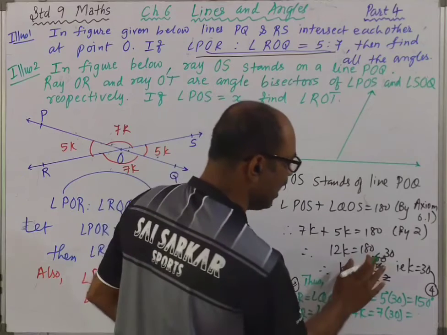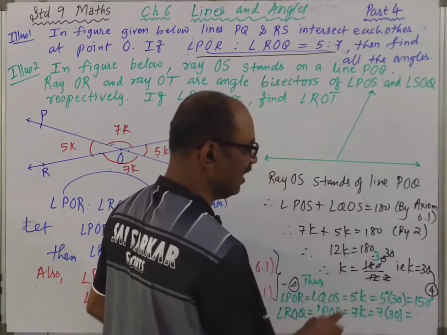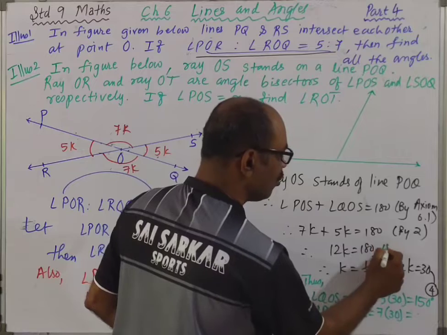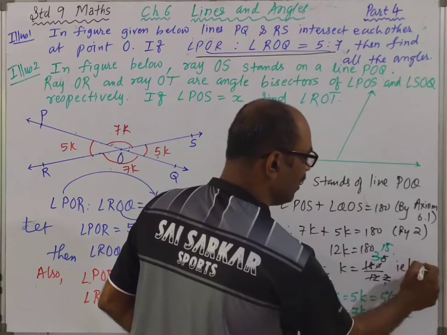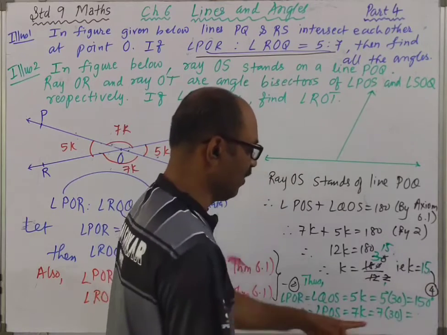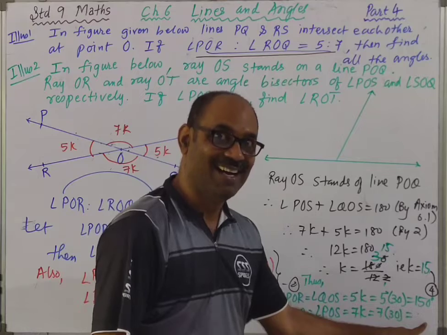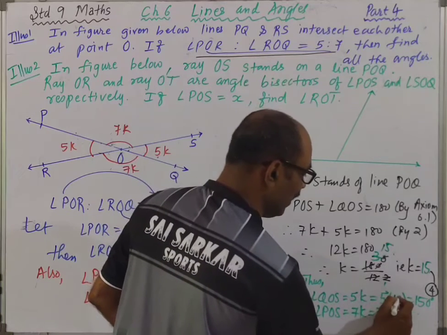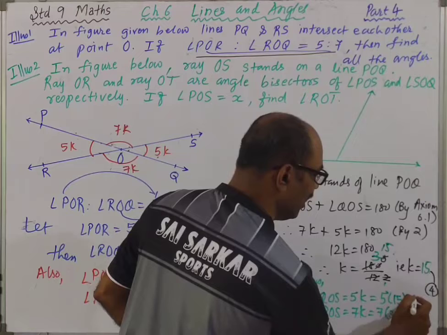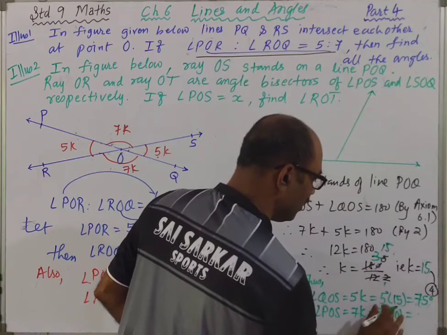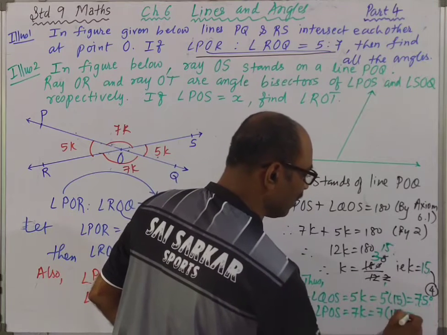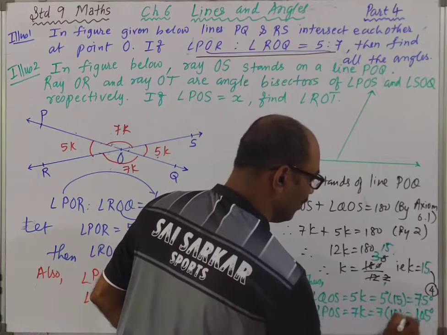I made a mistake. So 30, and 2 1s are 2, 15s are... So the value of K is 15, because the measure of the angle came 210 here. It can never be more than 180. So this is 15, children. So this gives me 75 degree. This is 15. So 70 and 35, 105 degree.